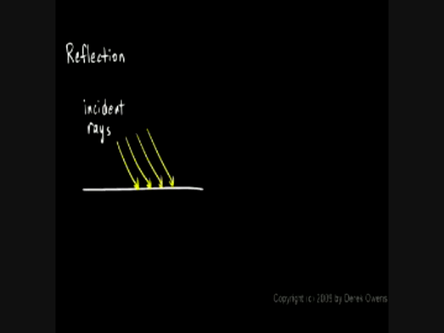Now, whenever you have light coming in and striking something, the incoming light rays are called incident rays. So incident is just a synonym for incoming. So there's incident light rays, and I'll draw these coming in basically parallel. The sun is very, very distant, and in this context you can think of it as a point source, and the incoming rays are basically parallel.